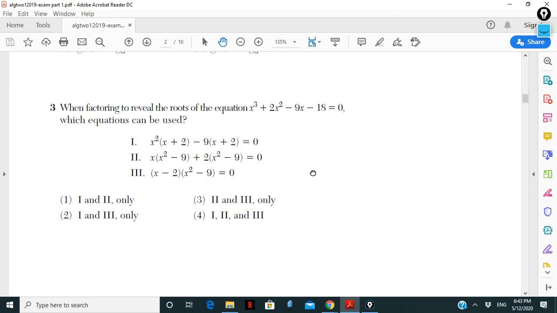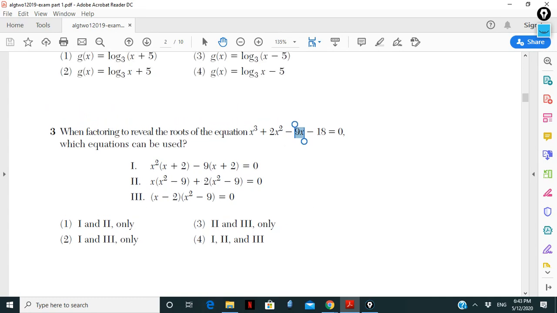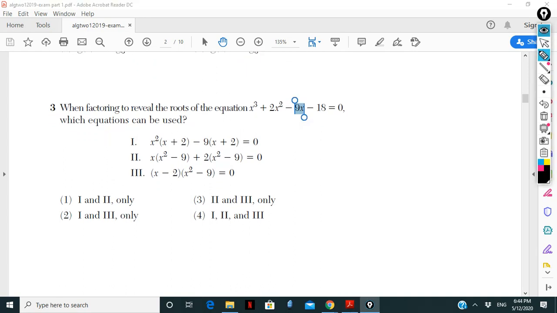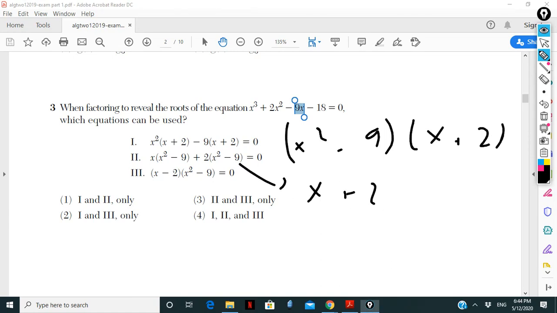In the other one, he made another grouping, taking x as a common factor from these two terms. By regrouping, I have x squared minus 9 multiplied by x plus 2. It's the same here: outside positive 2 and inside x squared. So 1 and 2 are correct. The answer is 1.